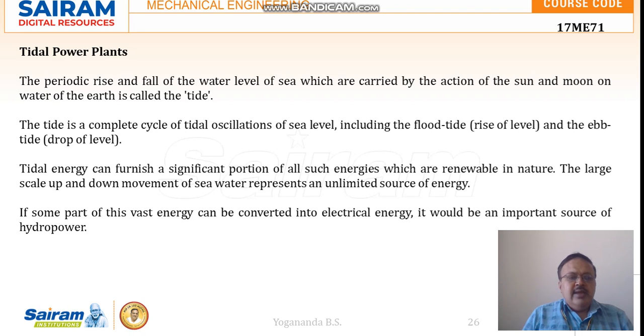So, what is tide? There will be a rise and fall of the water level in the sea. That rise and fall in the water level is caused by the action of the sun and the moon. There will be two types of tides: the flood tide and the ebb tide.